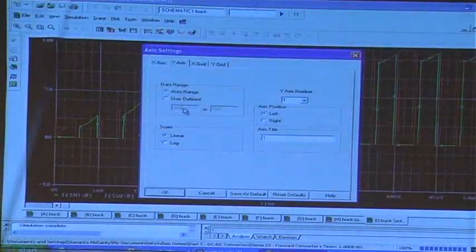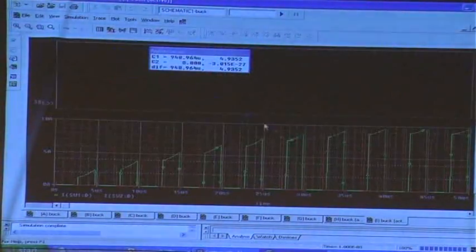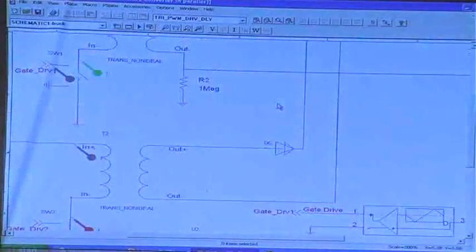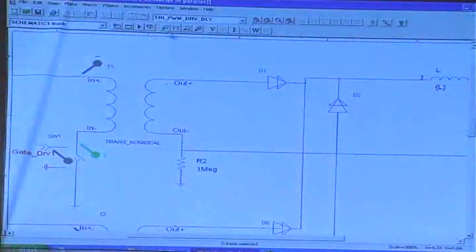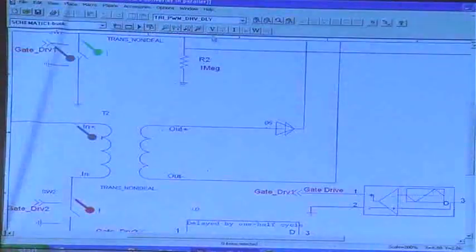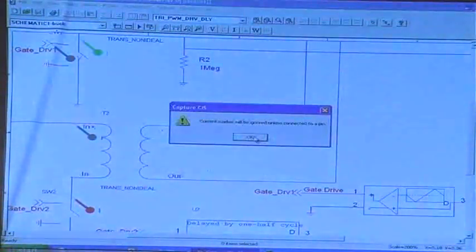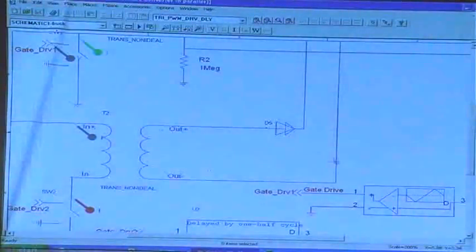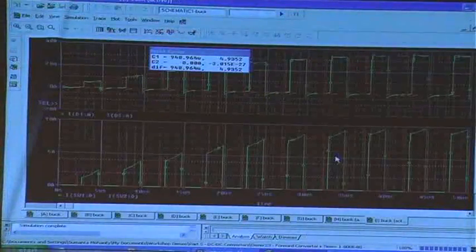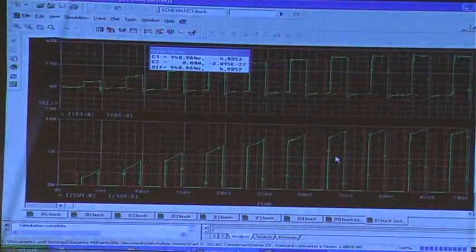We position them at 0, and then we can do the same thing on the output side. We can plot the diode currents. Okay, so that was the forward converter in parallel.